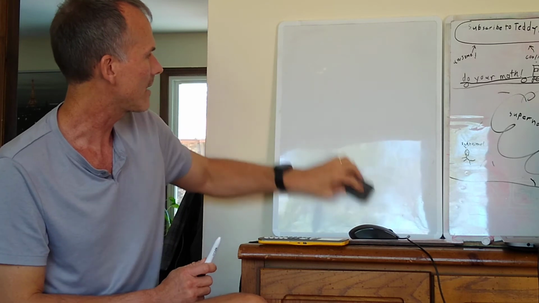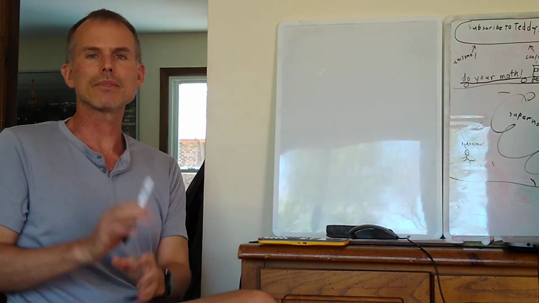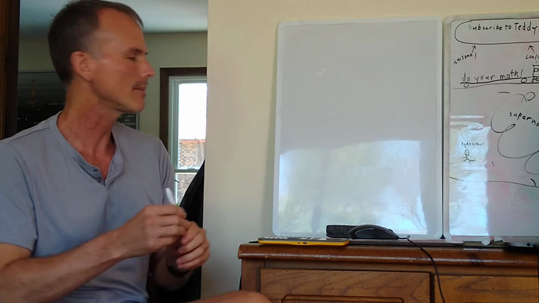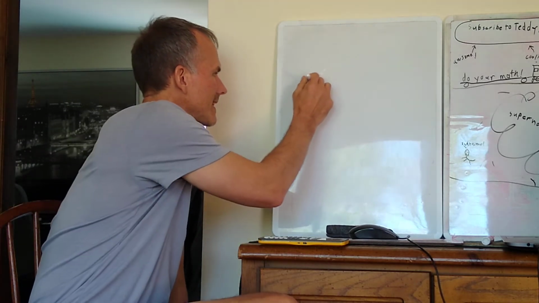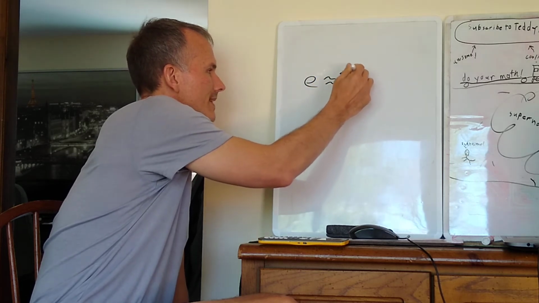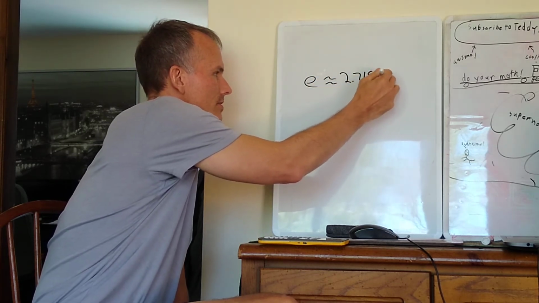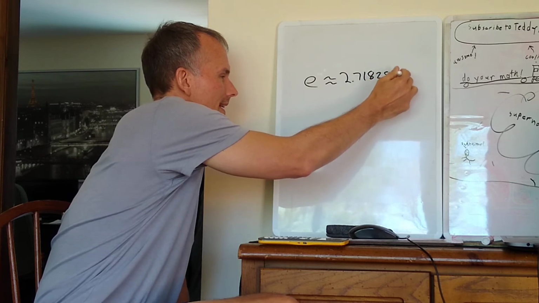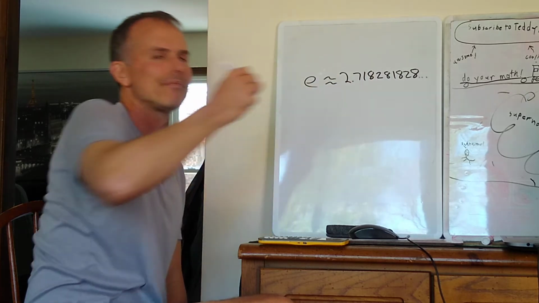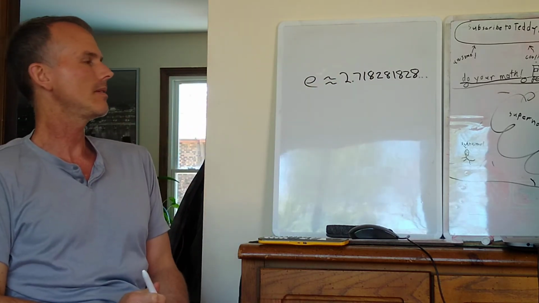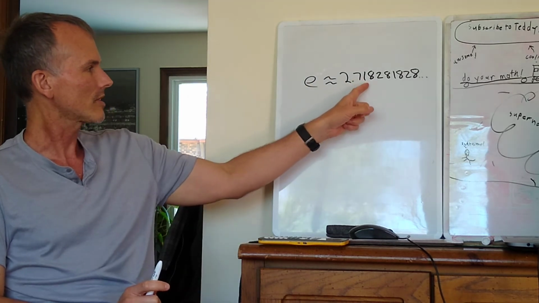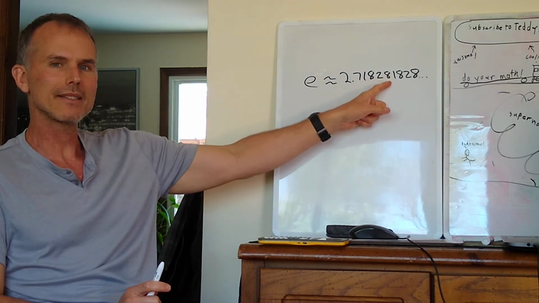Now, what I'm going to say is this. I'm going to write this out using some symbols and syntax that might not be familiar, but I'll explain it, okay? It's going to be pretty easy. So the number e, first of all, is approximately 2.7182818281828, blah, blah, blah. Now, let me assure you, it looks like the decimal is going to repeat.